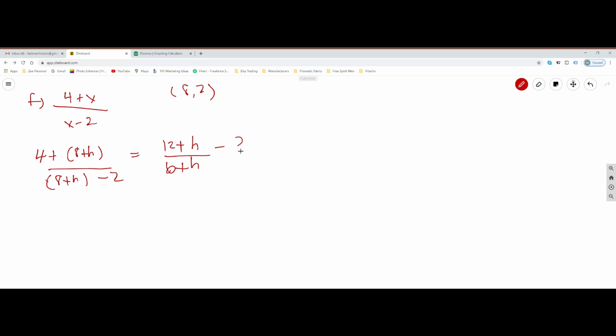minus 2. So we have to multiply this by 6 plus h, and then multiply the bottom by 6 plus h.